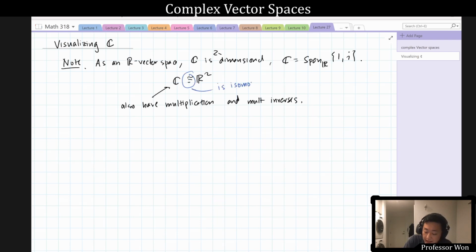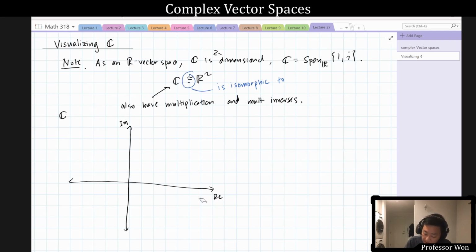But what I mean by that is that they're the same vector space. But that means that we can visualize C as a plane. So the standard visualization of C is as a plane where the horizontal axis is the real axis and the vertical axis is the imaginary axis.